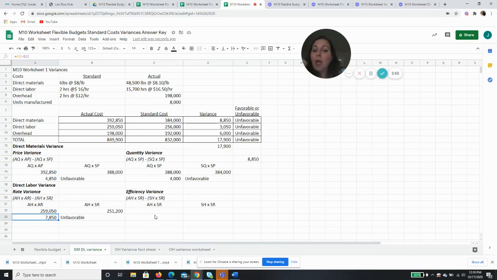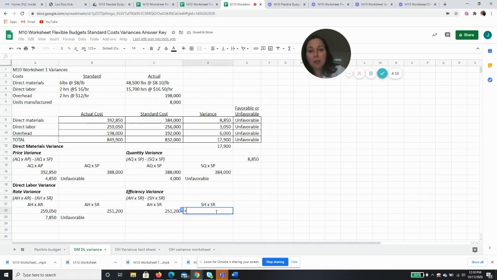Okay. So now we're going to go over to our efficiency variance, and that's actual hours times standard rate minus standard hours times standard rate. So now we're going to keep the rate constant, and we're going to look at the change in hours. Our actual hours were 15,700 times our standard rate of $16 an hour, which is $251,200.